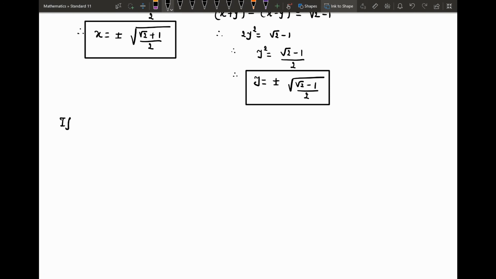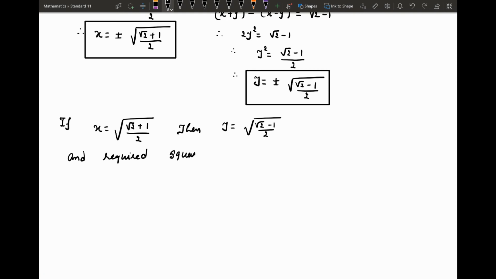So if x equal to under root (root 2 plus 1) by 2, then y must be positive, so y equal to under root (root 2 minus 1) by 2, and the required square root is x plus iy equal to root of (root 2 plus 1) by 2 plus i into root of (root 2 minus 1) by 2.